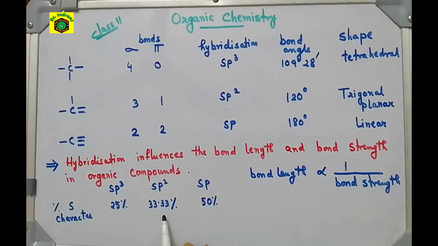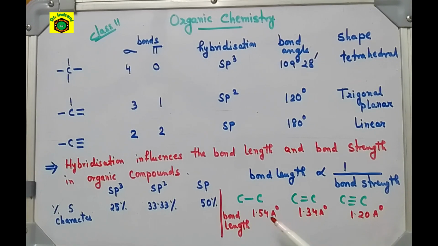sp2 hybridized orbital is intermediate in S character between sp and sp3. So the bond length and bond strength of the double bond is intermediate between bond length and strength of single and triple bond. Now for carbon-carbon single bond, bond length is 1.54 angstrom. For carbon-carbon double bond, bond length is 1.34 angstrom.